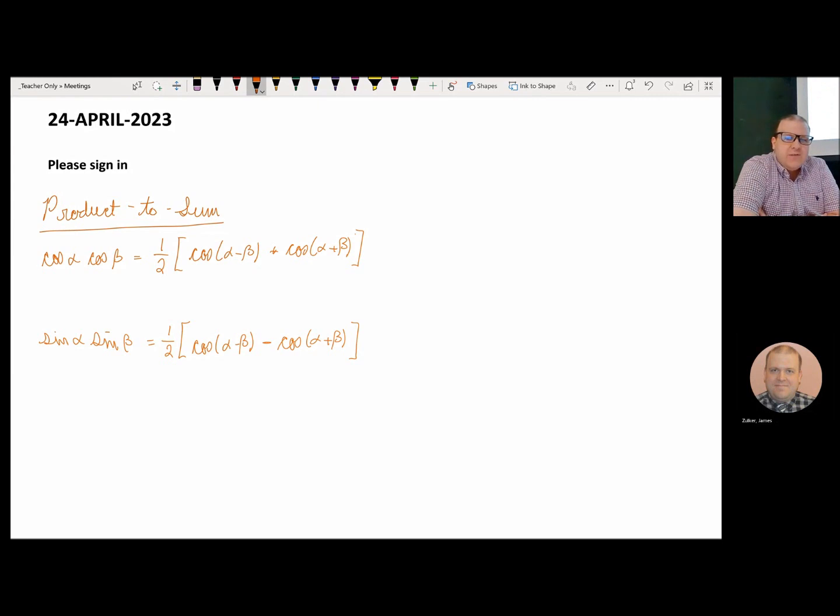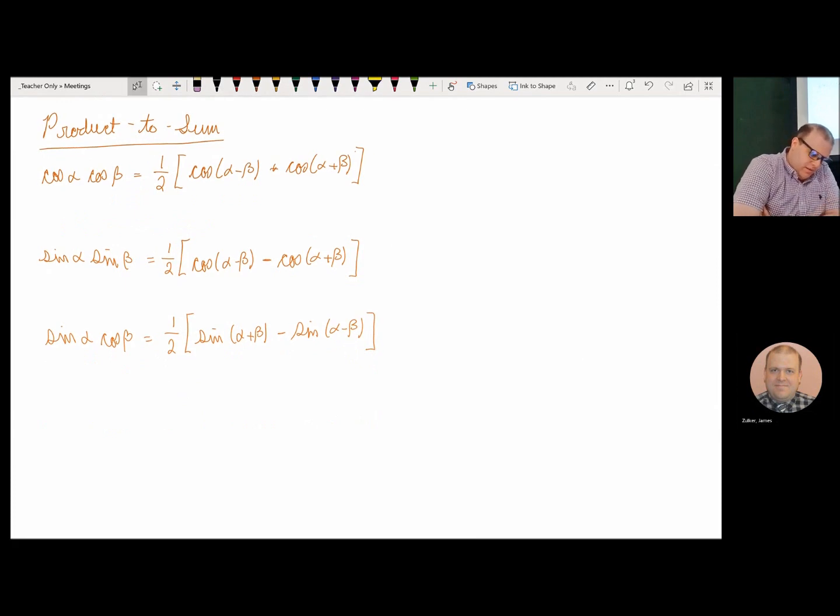Sine of alpha times sine of beta is 1/2 the quantity cosine of alpha minus beta minus cosine of alpha plus beta. Should be plus, this one's minus.